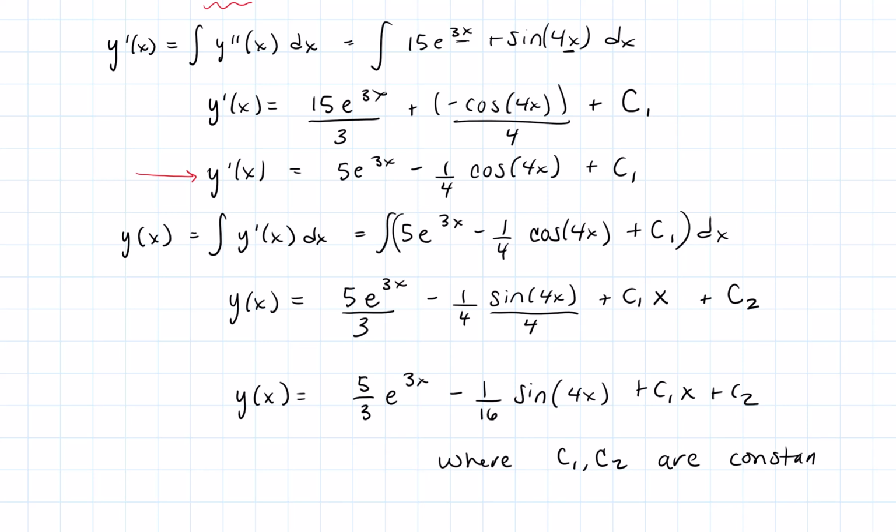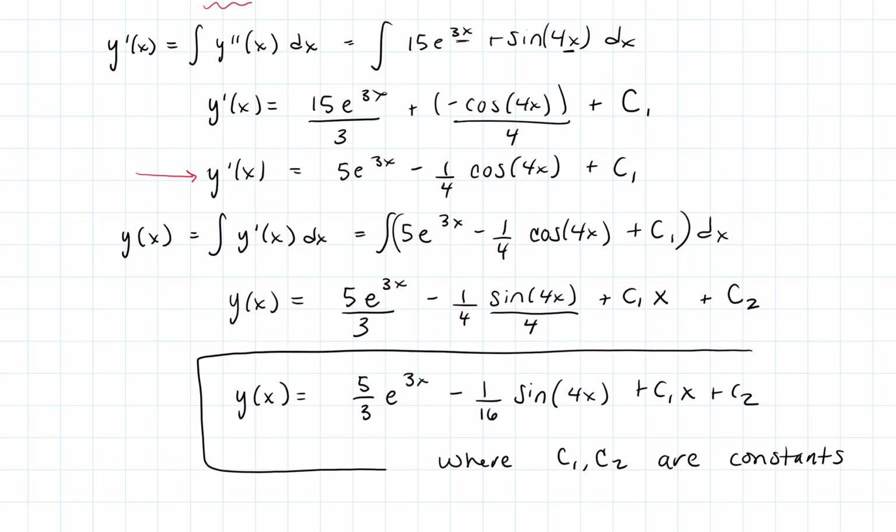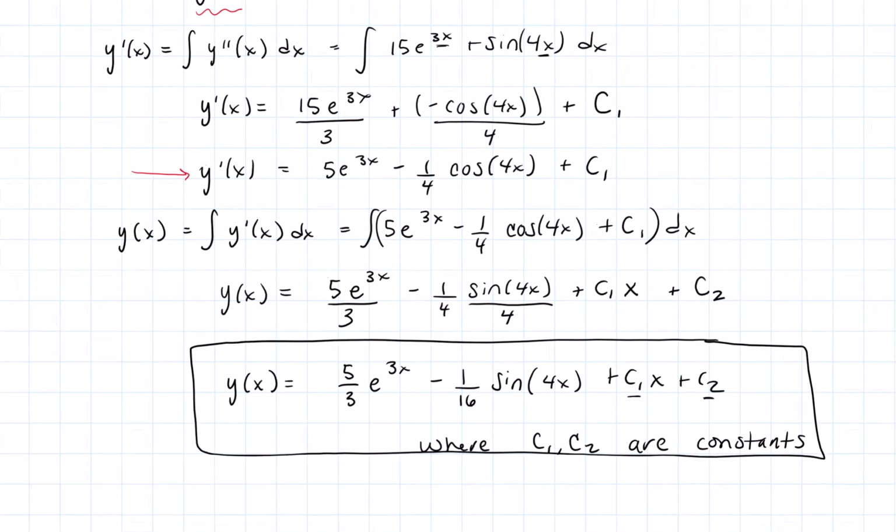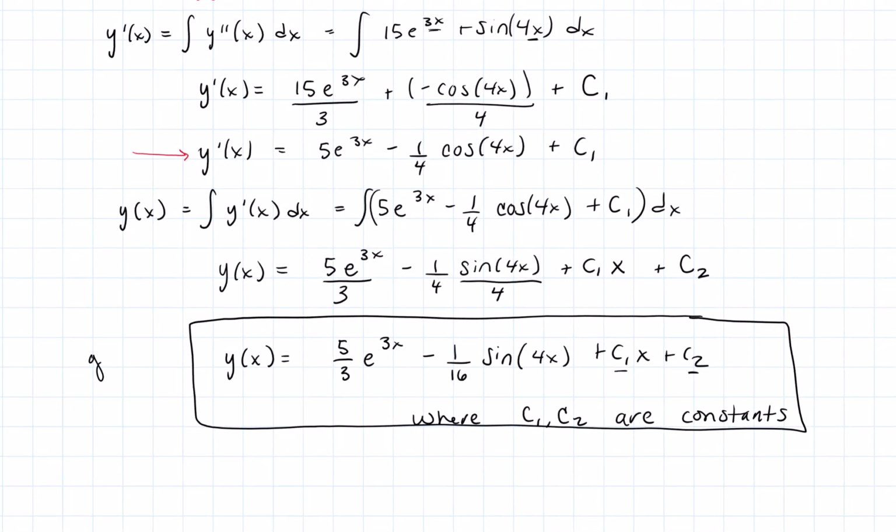And this is the general solution because we weren't given any data. We weren't told that the initial value of the function, like, say, y of 0 was 3 or something of that nature, that would allow us to find those constants. So we call this just the general solution.